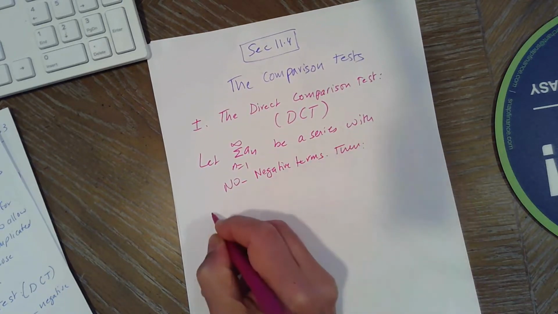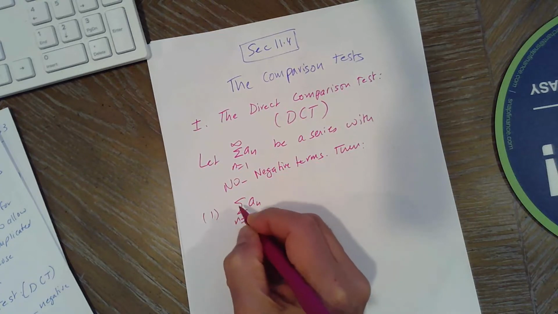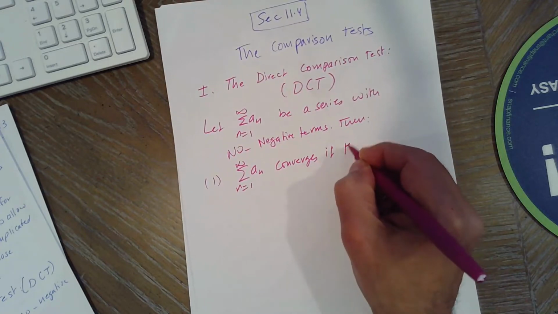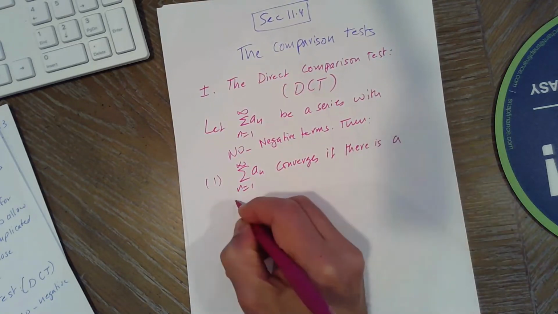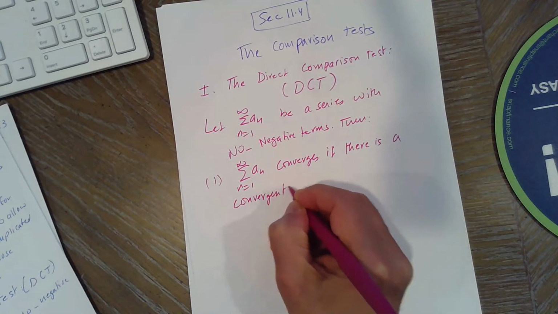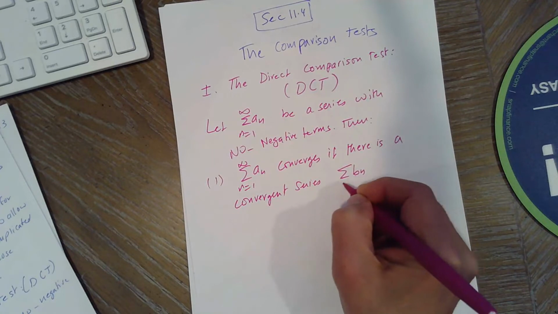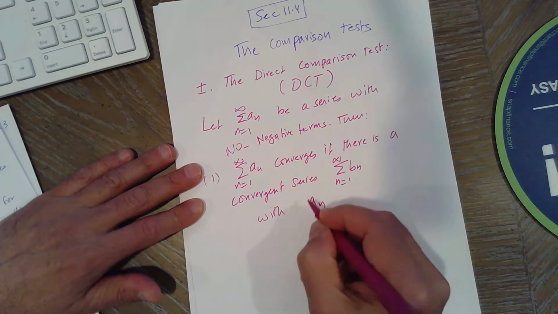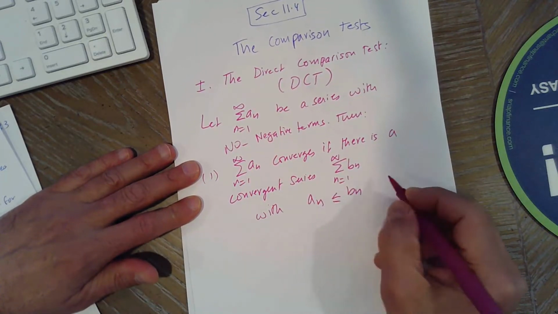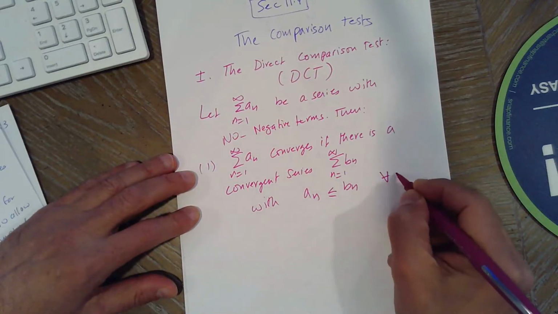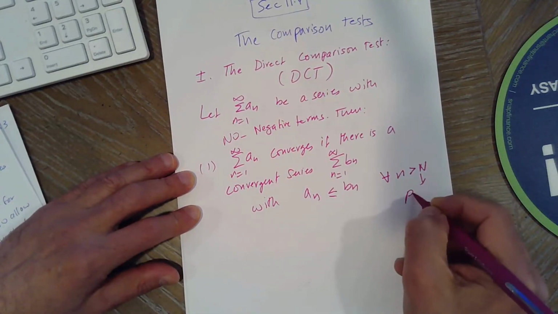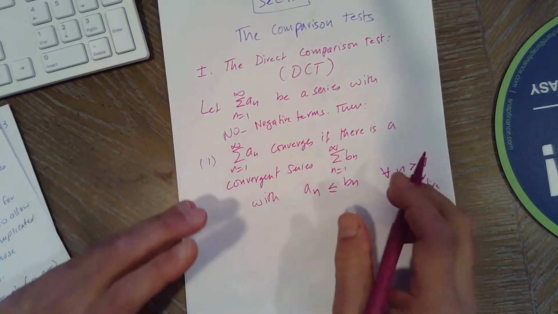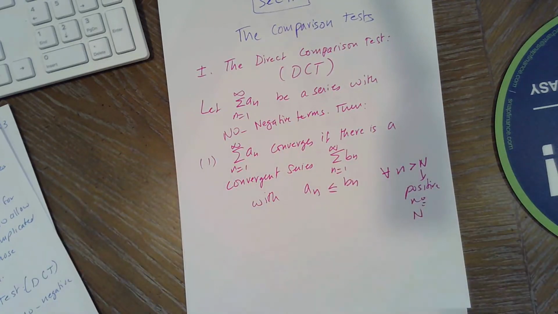Then that series converges if there is a convergent series sigma bn from n equals 1 to infinity with every term in an less or equal to the corresponding term in bn, for all n greater than some positive number N. If it doesn't work for the first few terms, that's fine, as long as it's consistent after a specific term.